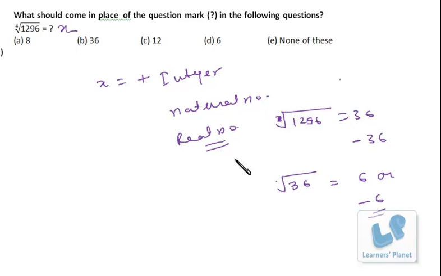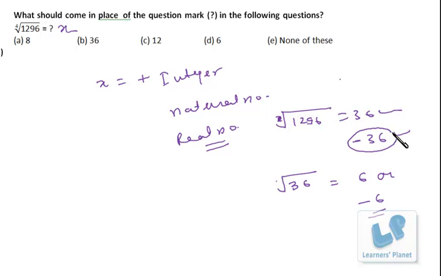Coming to the same point, once again we are not given the status of x, whether it is an integral value, natural number, or real number. Ultimately I have to take the fourth root of 1296. So the fourth root of 1296 will be achieved by taking the square root of 36 as well as the square root of minus 36.